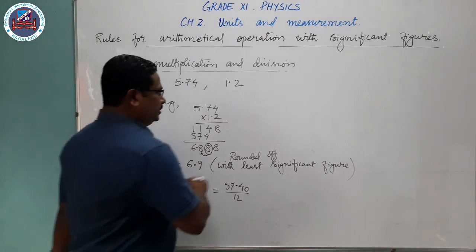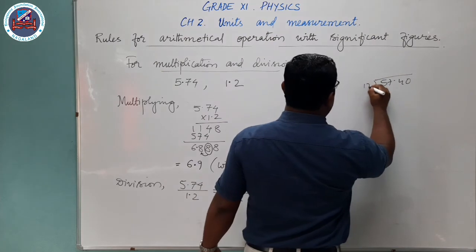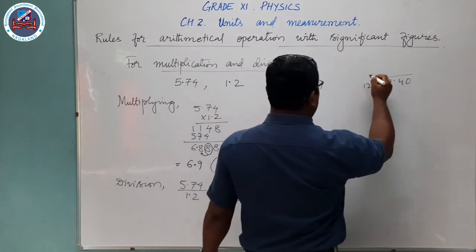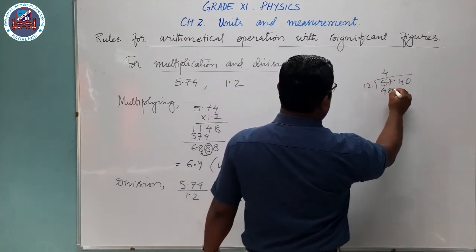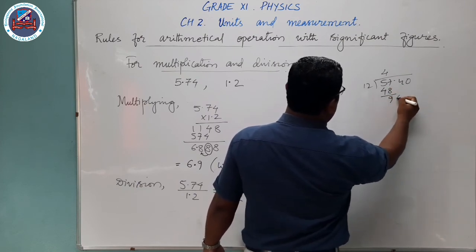Now if I divide it, 57.40 by 12. 12 4s are 48. Then 57 minus 48 is 9. I'll bring down 4.